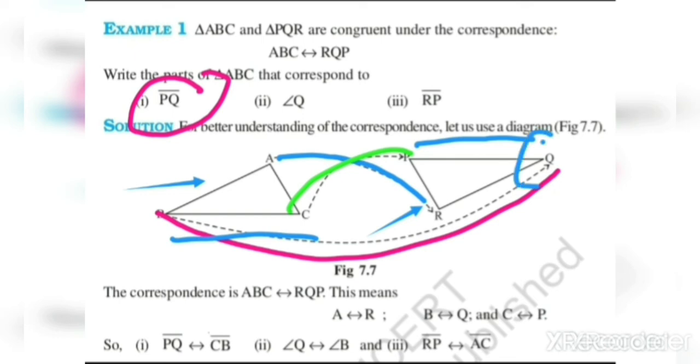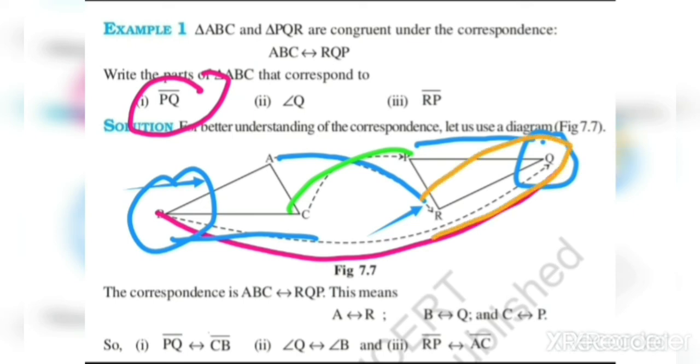Angle Q, angle B, and RP. Here we have RP. Find the corresponding vertices and you will be able to find the side AC. In this way we can find the corresponding angles and sides from the given triangles.